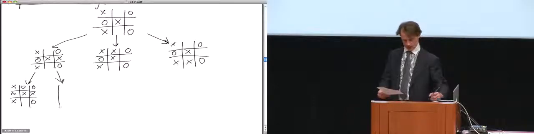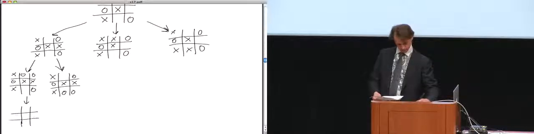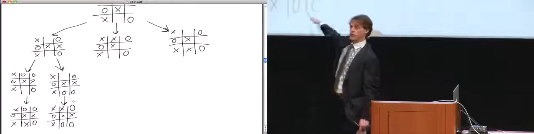O can put an O in the top center, or O can put an O in the bottom center. And from those 2 grids, now we're going to go down, and it's X's turn again. And X fills in the last remaining square. So that's what the whole left subtree looks like.